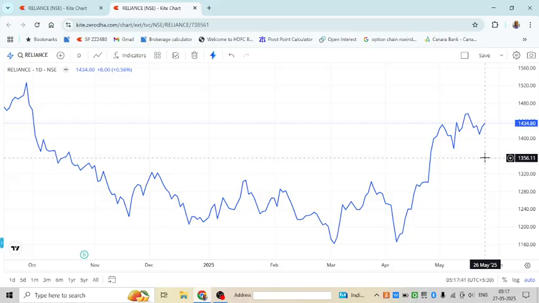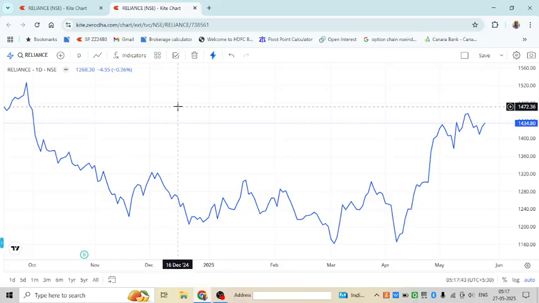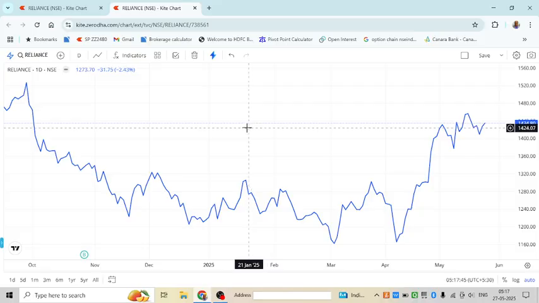So let us start. In a line chart, how we get the line chart is we are connecting the close of the time frame. Here I have selected the daily time frame.